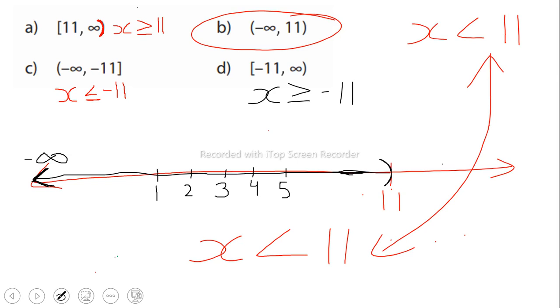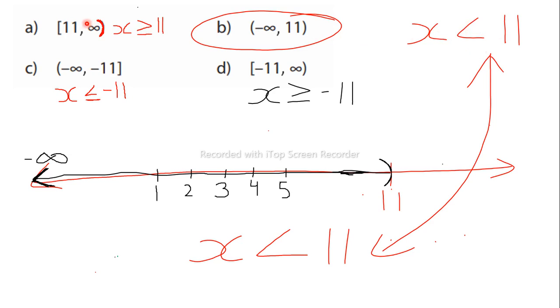Now there's an easy way we could identify the answer, a very easy way that we could know immediately what the answer was. Notice that here this is a strict inequality, so we don't have a line at the bottom. That means in this case we do not include 11.